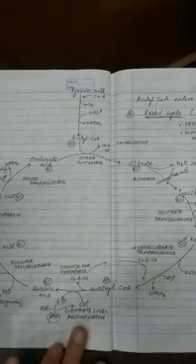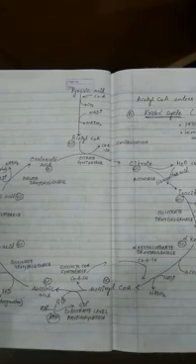This is called substrate level phosphorylation or GTP ATP synthesis.